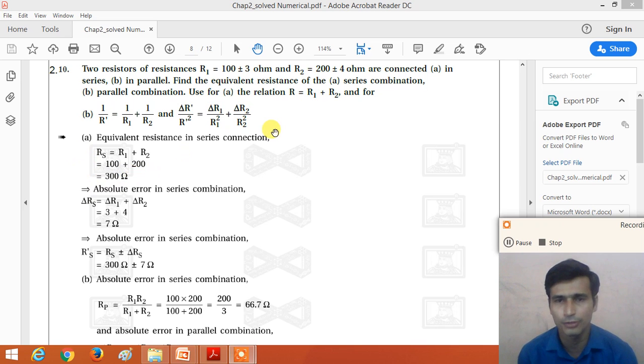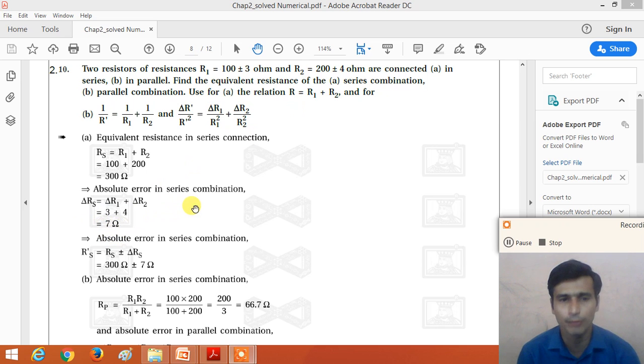But absolute error is always additive, right? So the absolute error in the equivalent resistance in a series combination is delta Rs is equal to delta R1 plus delta R2. Here delta R1 is given to you as 3 and delta R2 is given as 4. So the absolute error in a series combination is 3 plus 4, we get 7 ohm.